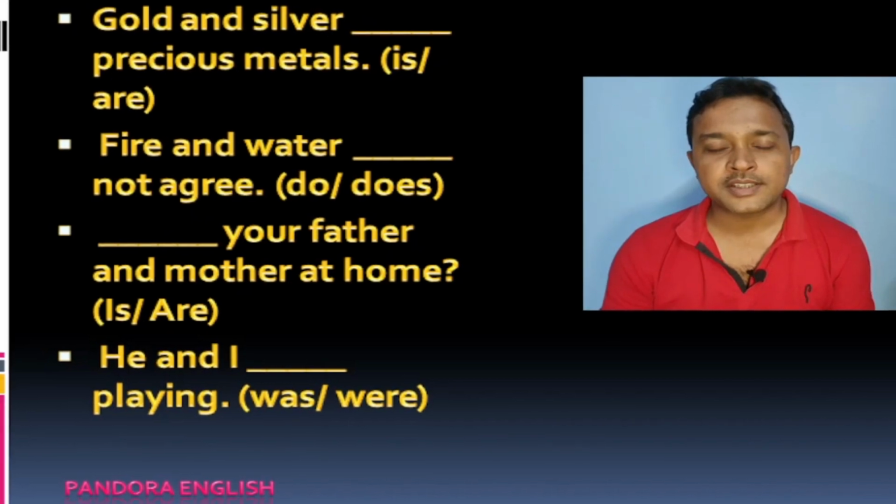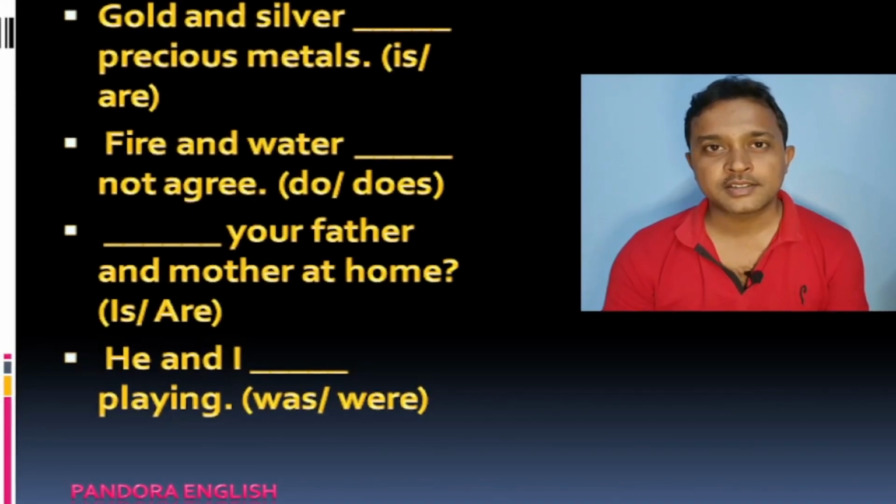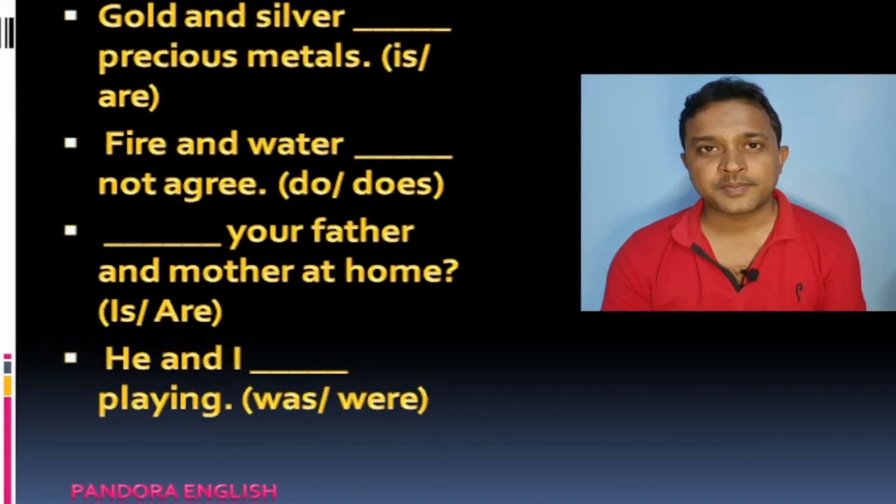Now try to guess the correct answers of these fill in the blanks questions. Remember, while guessing, that two or more singular nouns or pronouns joined by and require a plural verb.